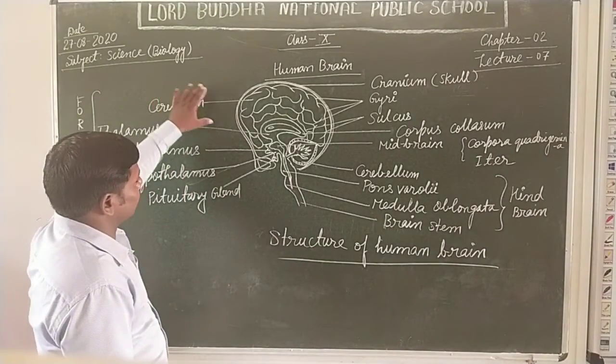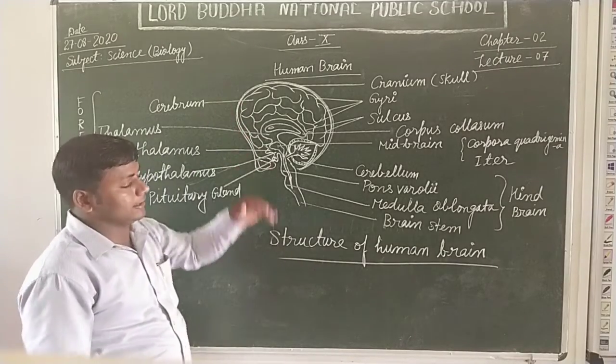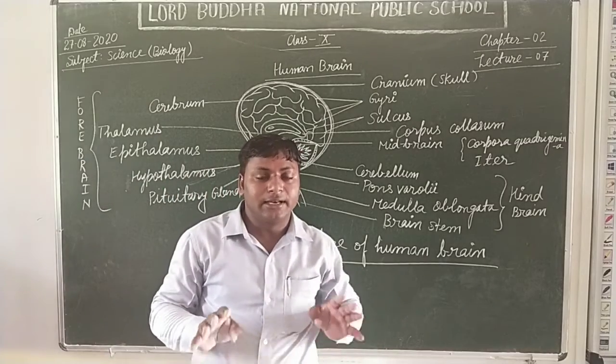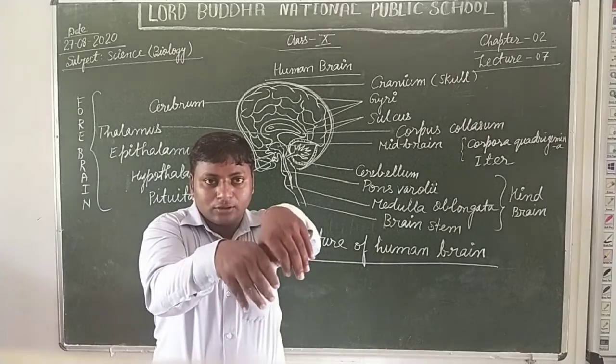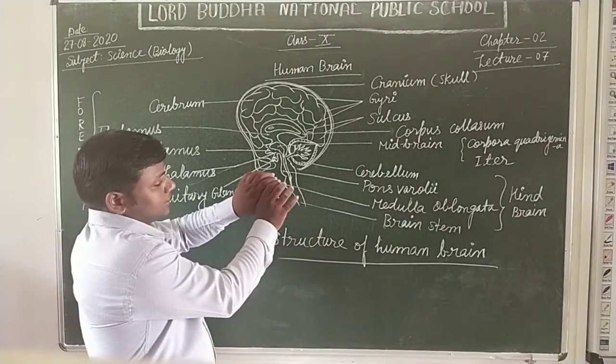This is the cerebrum, the first part of our forebrain. It is somewhat a walnut-like structure, as I show you here with the help of our fingers.